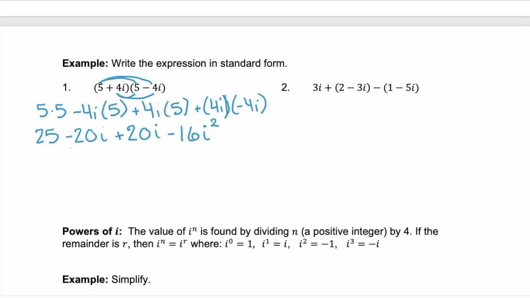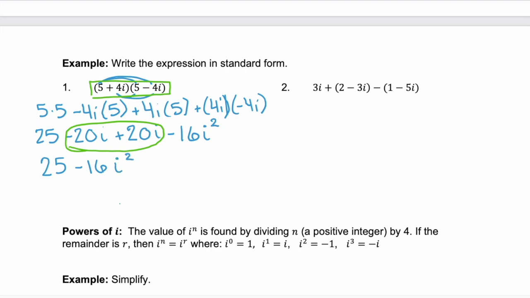We'll notice that these two middle terms are going to cancel each other out. That's because if we look at the original binomials, this was actually the factored form of a difference of squares. So this simplifies to 25 minus 16i squared.